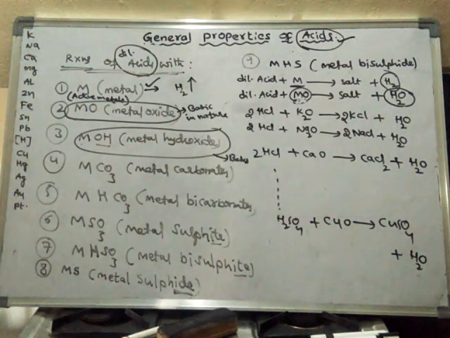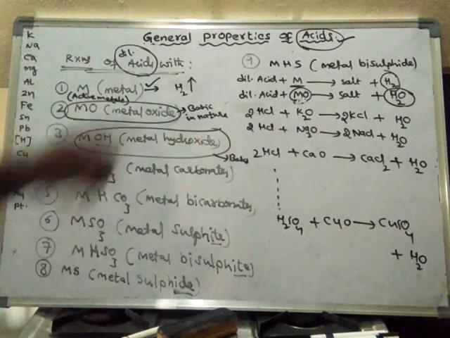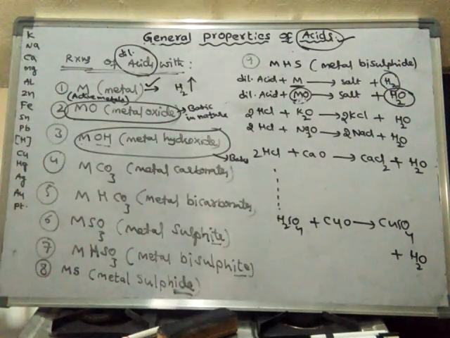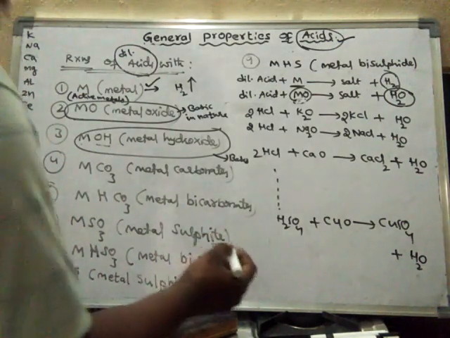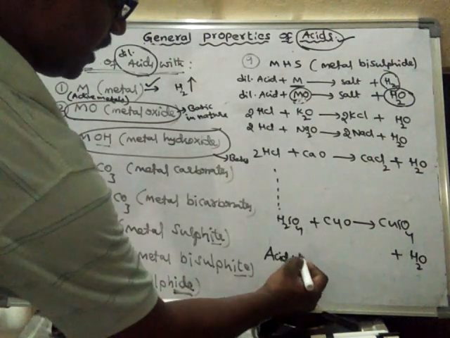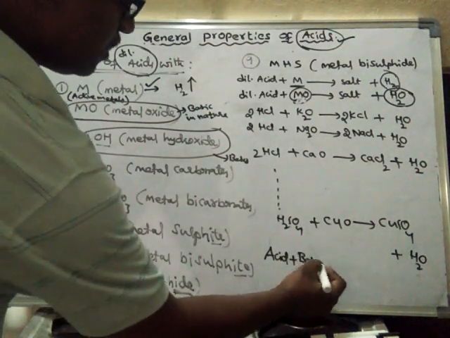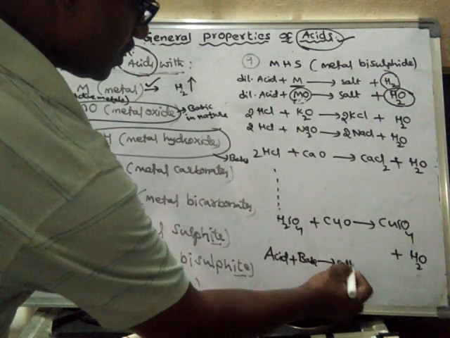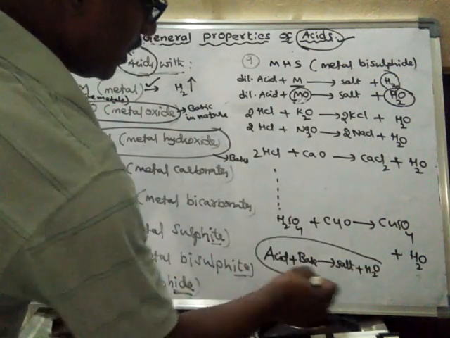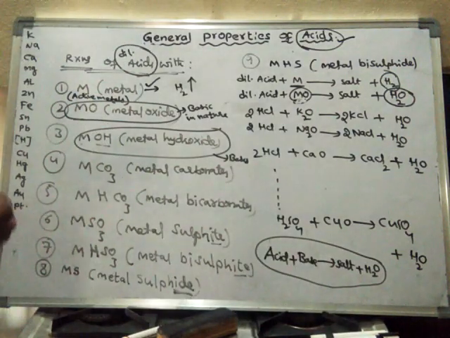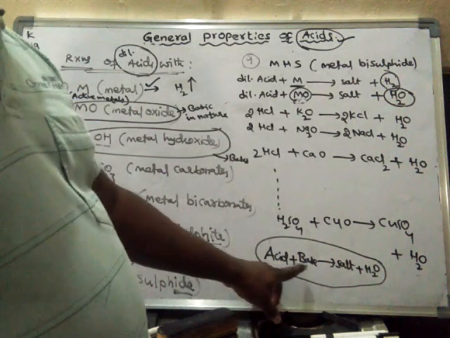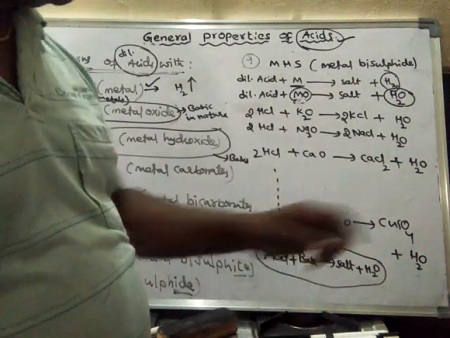What happens when acid reacts with base? It produces salt and water. Always remember that. This is the basic, important thing one should learn: when acid reacts with base, it forms a salt and water.